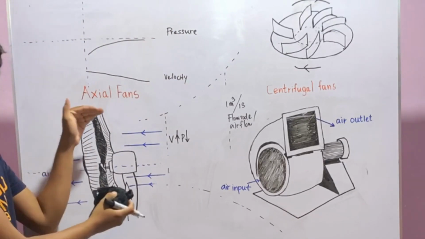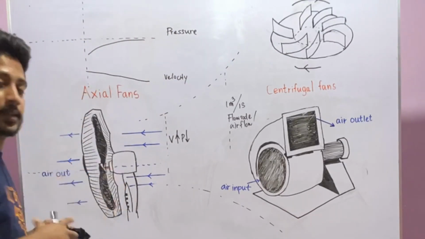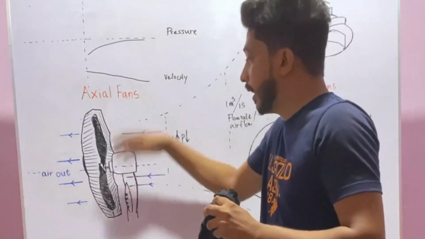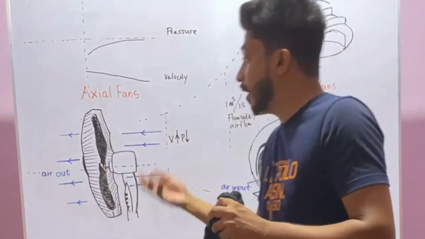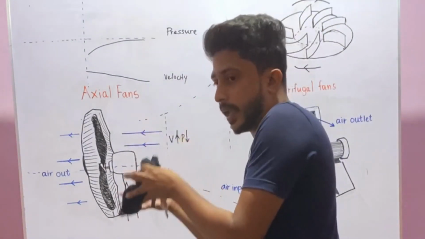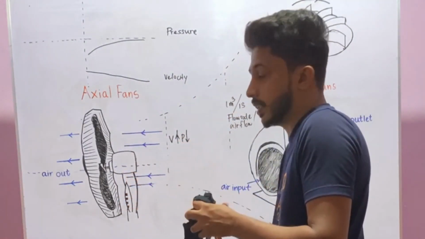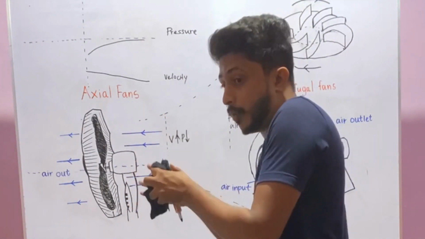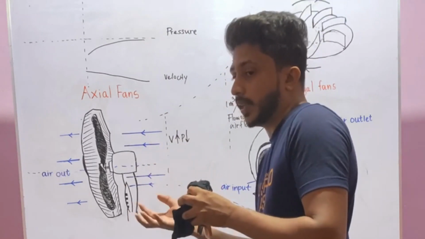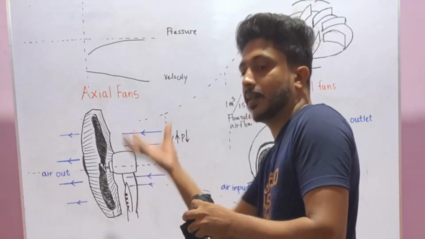Then when the air contacts these blades, blades are moving. They have rotational speed, so that means they are doing some work on the air molecules. When something does work on something, its energy is increasing.